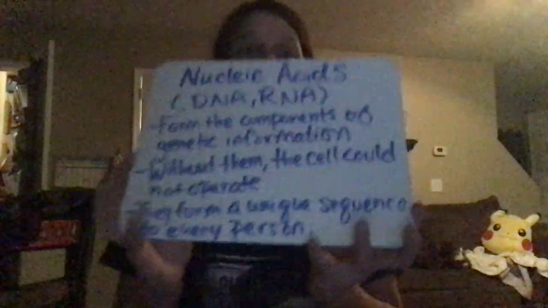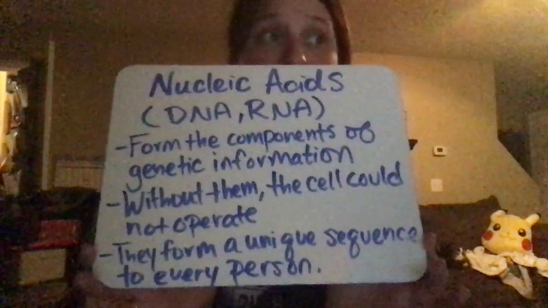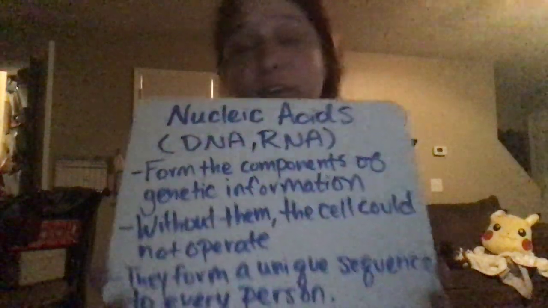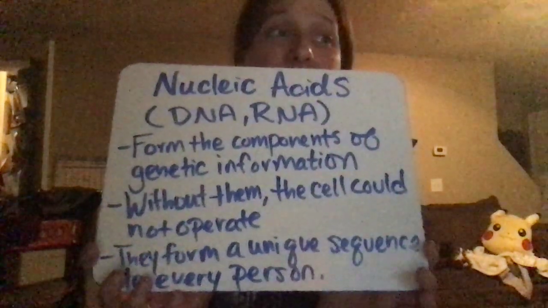So everybody's nucleic acid sequence is different, and it's different for every single person. So with the exception of identical twins, we all have different DNA. Without them, the cell could not operate. I mean, nothing can really operate without anything else, but your DNA is like running the show, right?